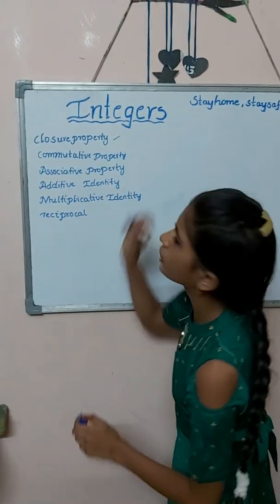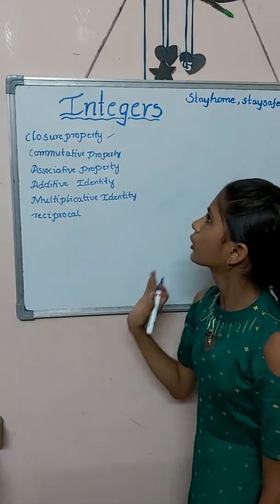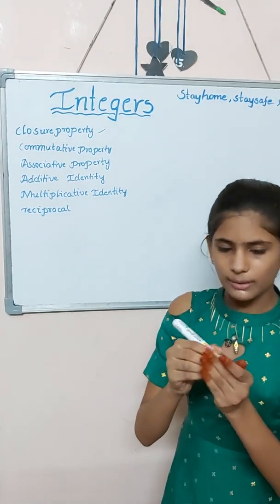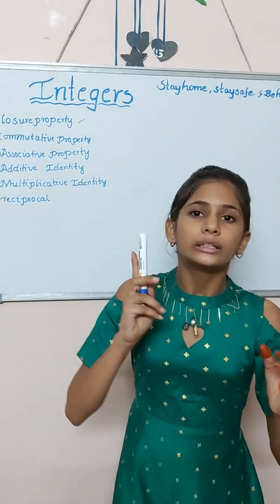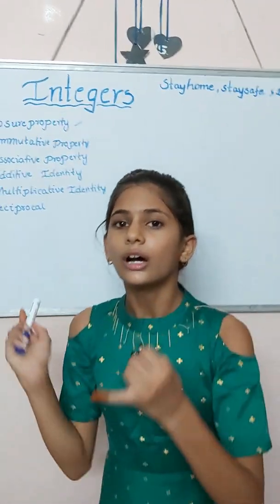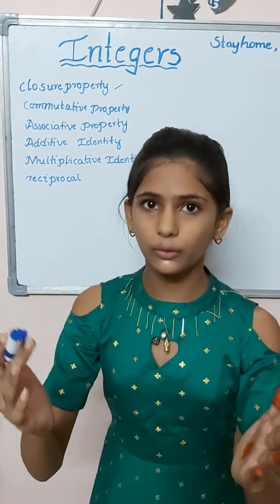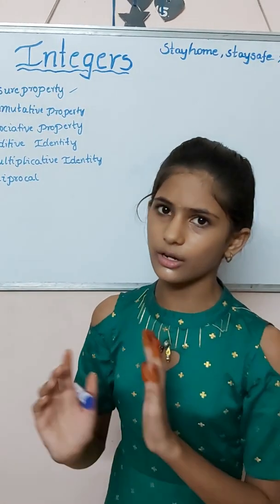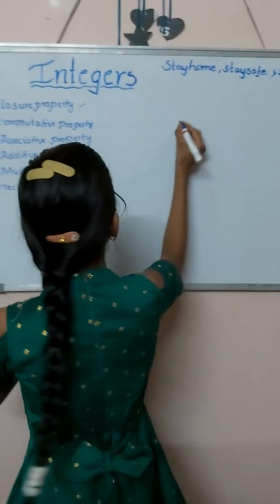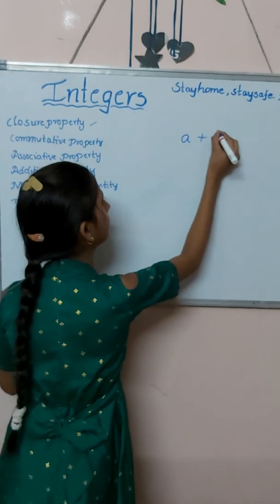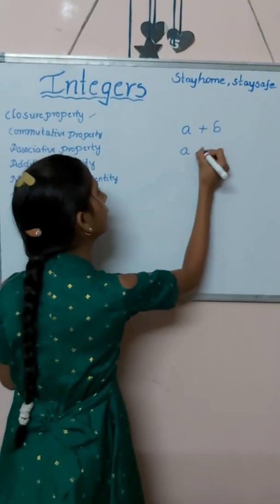First one is closure property. What is meant by closure property? When we add or subtract any numbers, do we get an integer or not? So I am taking a plus b and a minus b.